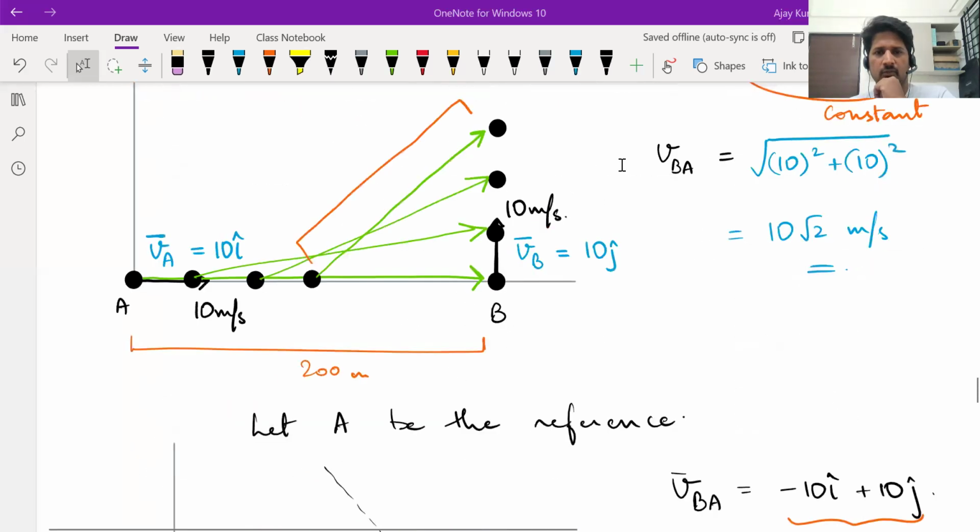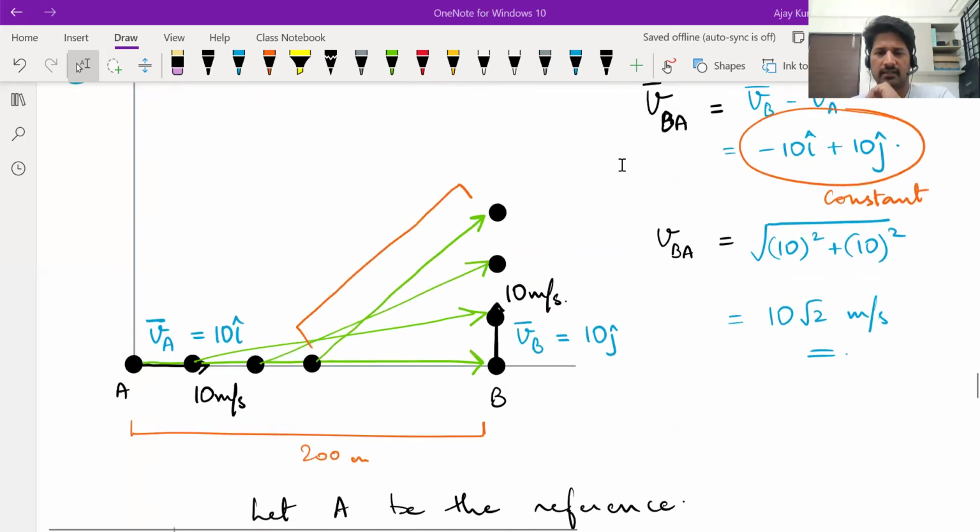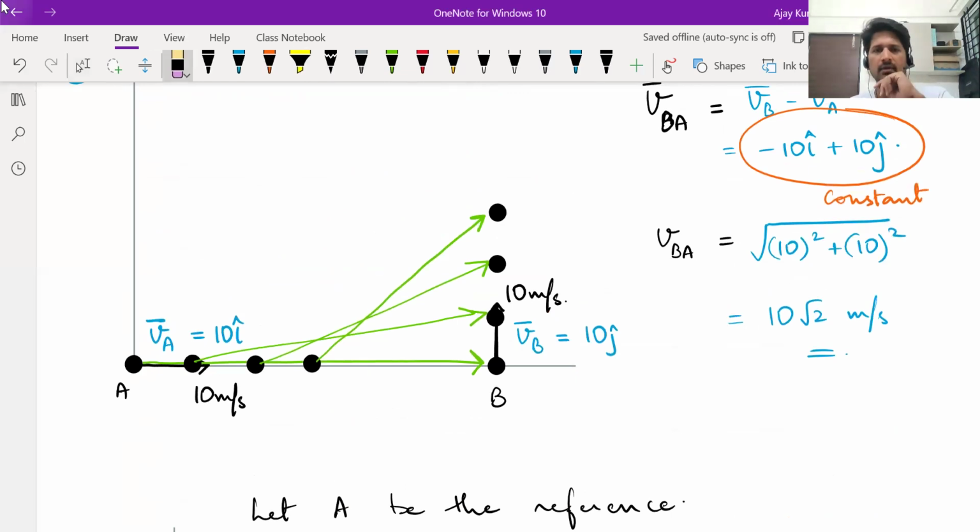Like we imagine them moving, instant by instant. A is moving to the right side, B is moving in the north direction. So what do you think happens to the distance between A and B? Will it keep on decreasing and become zero sometime? Will it first decrease and remain constant? Will it first decrease and then increase? What do you think will happen?